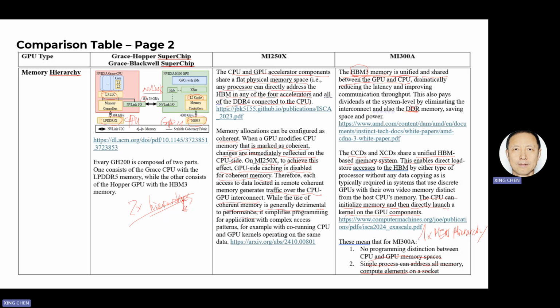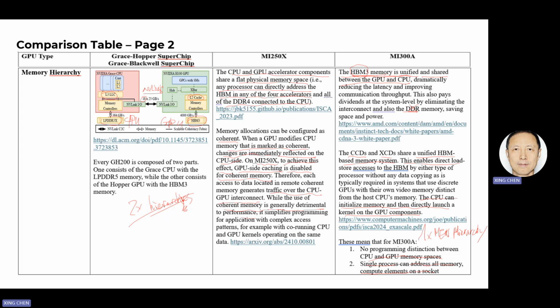You also have this kind of automatic page migration that helps the programmer improve their application's performance. So that's also a very important product in the marketplace, even though personally I love this MI300A architecture and solution more.